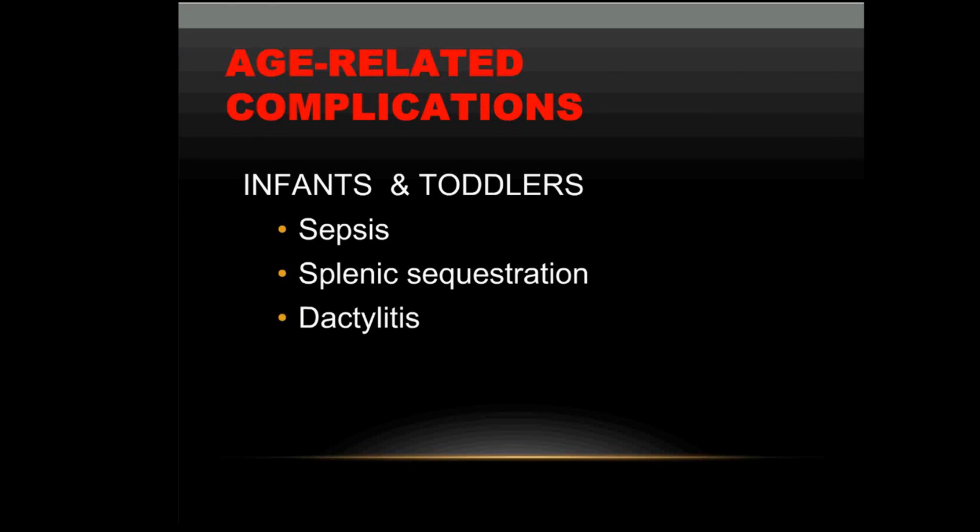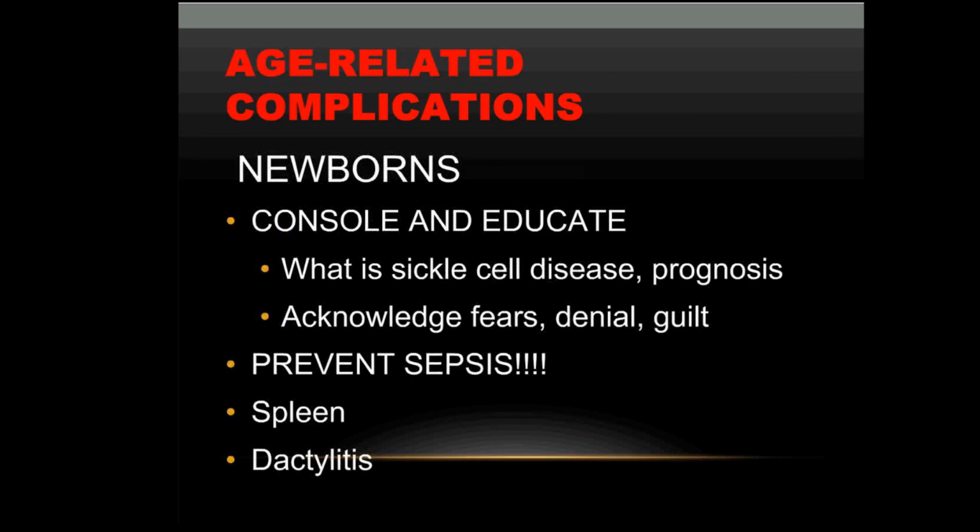So when we look at age-related complications, in infants and toddlers, we have sepsis, splenic sequestration, and dactylitis. We want to make sure that we educate the family, make sure they really understand what sickle cell disease is, what the prognosis is. We need to recognize that the parents are going to have fears, and possibly denial, and they might have guilt, especially if they didn't get prenatal care or didn't know ahead of time that they both had sickle cell trait.